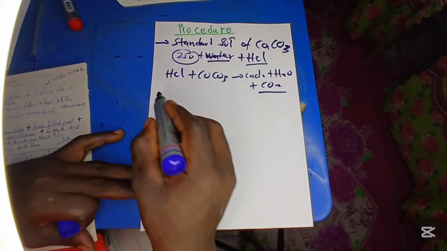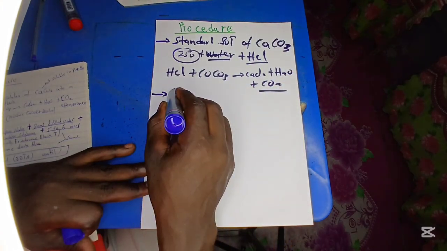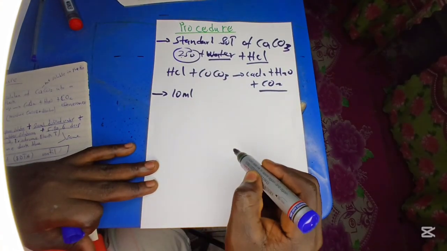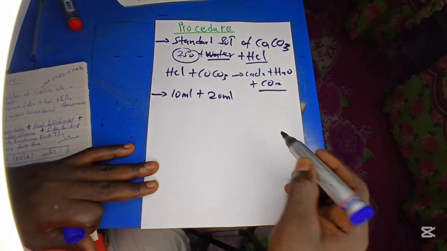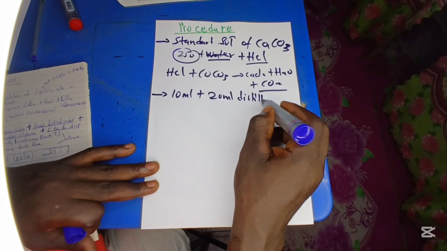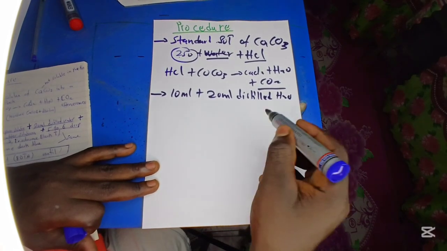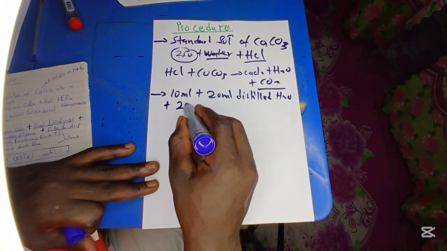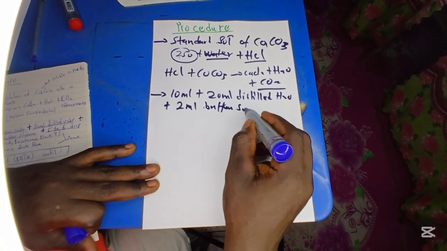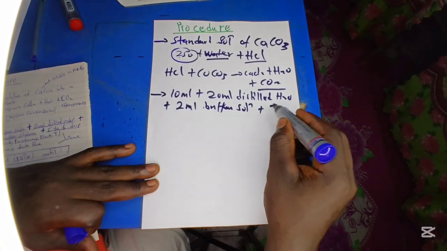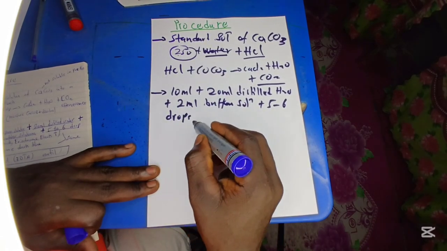Secondly, after we form our standard solution, we take 10 mL of our standard solution plus 20 mL of distilled water, plus 2 mL of buffer solution, plus 5 to 6 drops of our indicator.